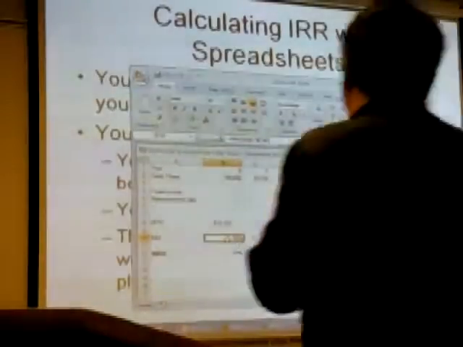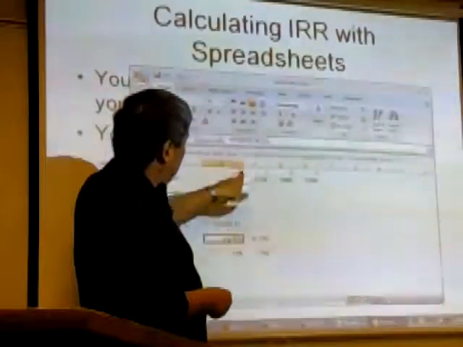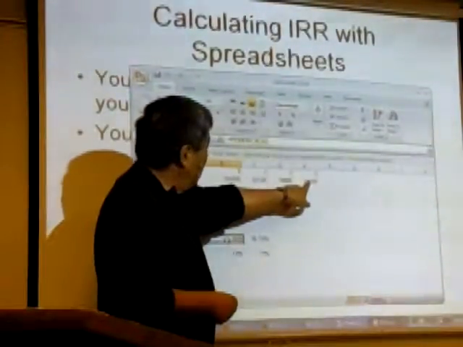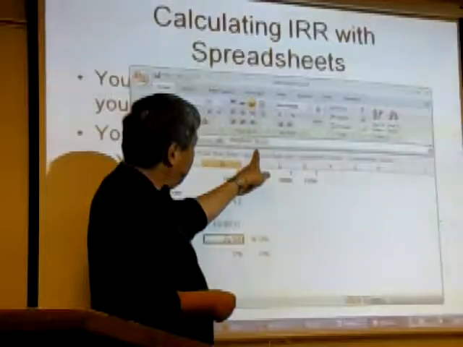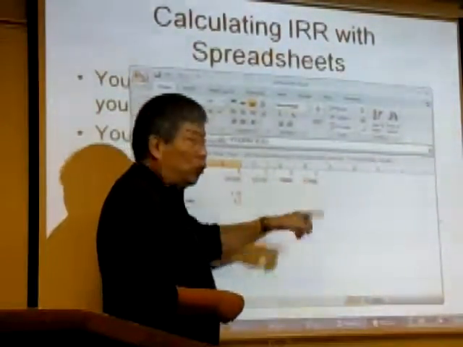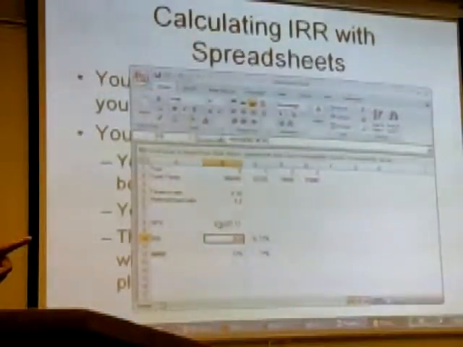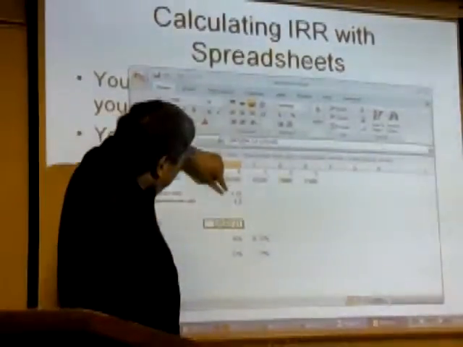But when you do the calculation, the easy way is just IRR of the whole range, B2 to E2. The net present value, remember the net present value? Net present value is NPV of the cash flows C2 to E2 plus B2. See that? That's net present value. So here is what we call the IRR method.